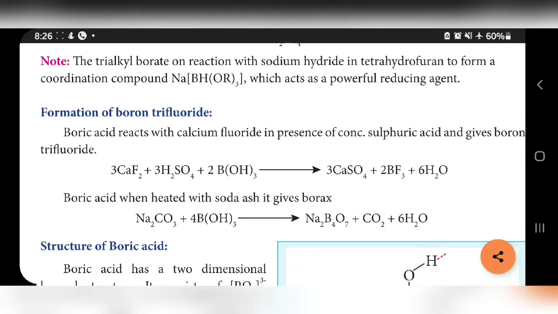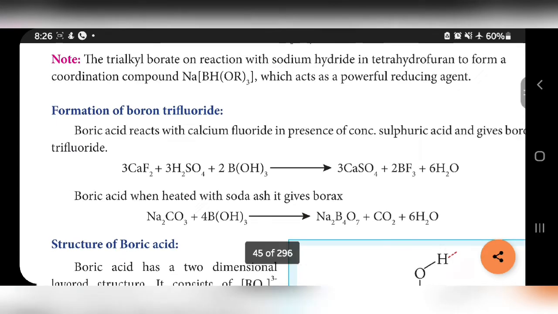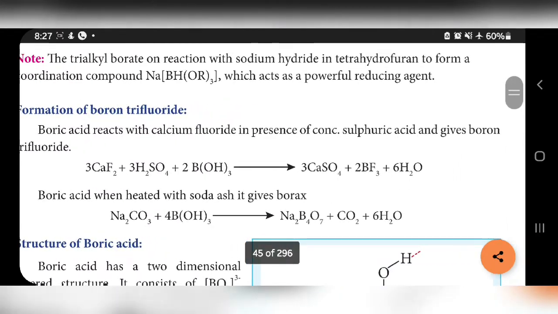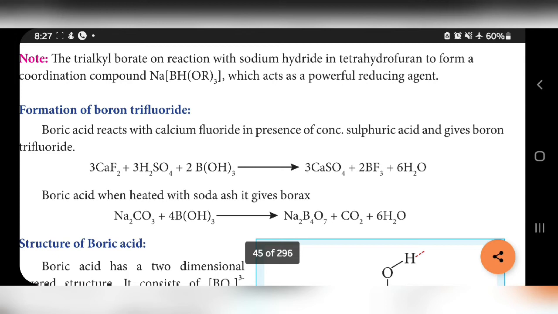And boric acid is heated with soda ash, that is sodium carbonate, means it gives borax, which is having formula Na2B4O7.